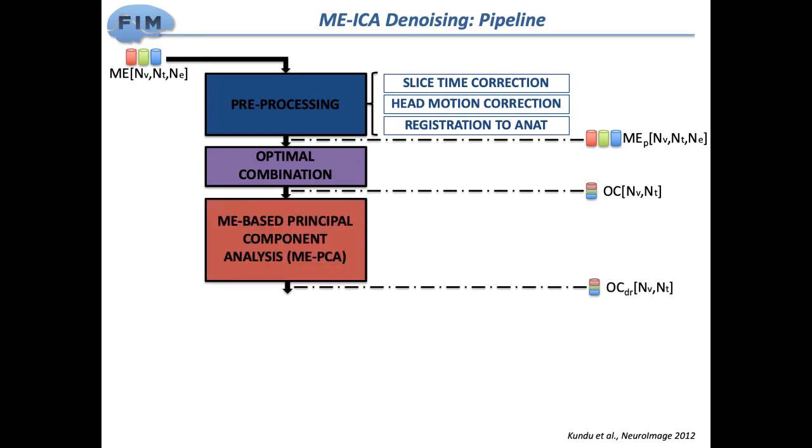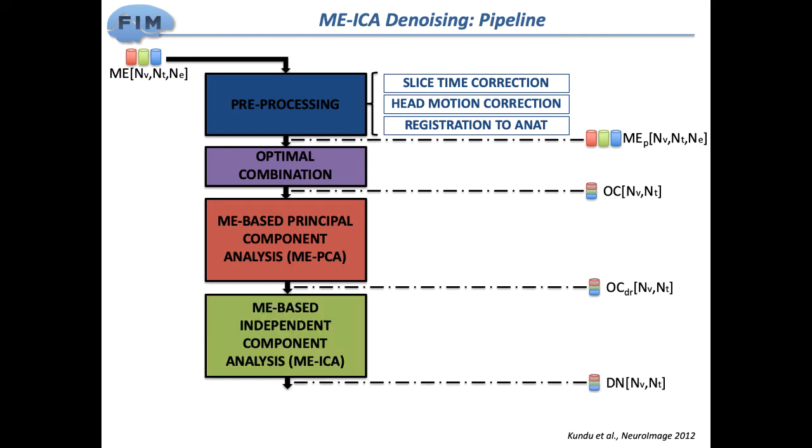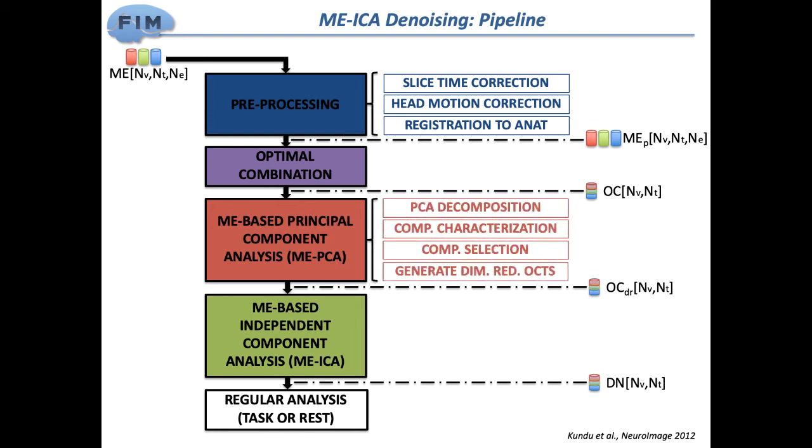Then you take that, you do a principal component analysis. PCA is very frequently a predecessor for ICA, and these are just 2 ways to reduce the data and turn it into components. And then the output is the denoised time series, which is task rest. Just to break these down a little bit more, for the PCA, there is actually a component characterization already in there, which is used essentially just to reduce the dimensions of the data, which in theory makes the ICA work better.